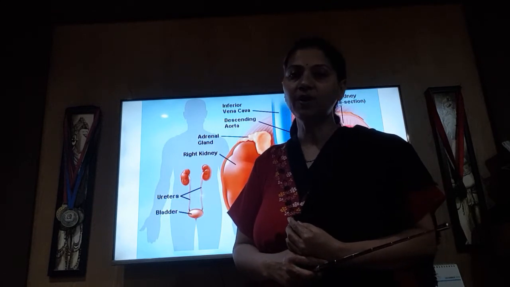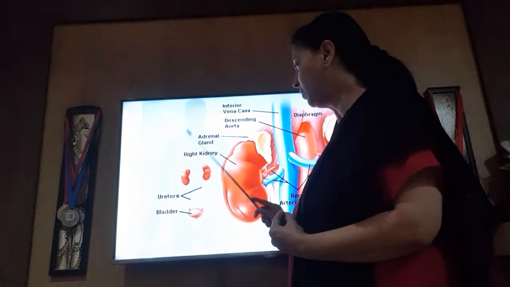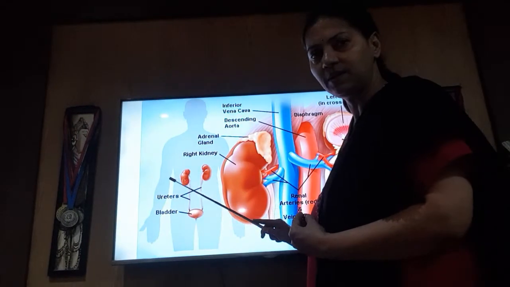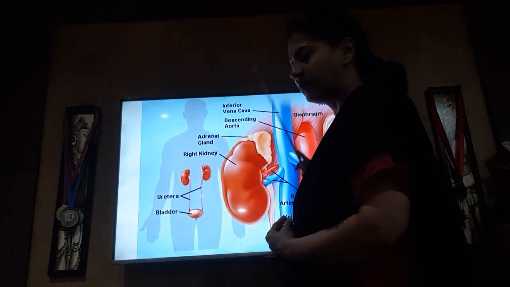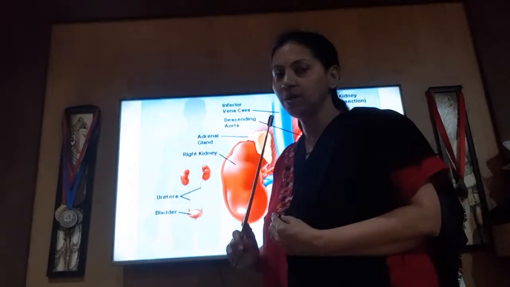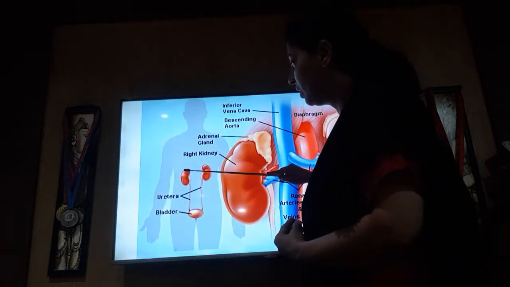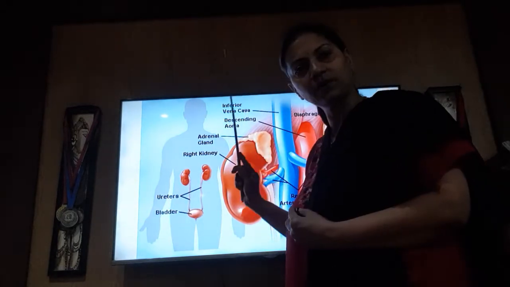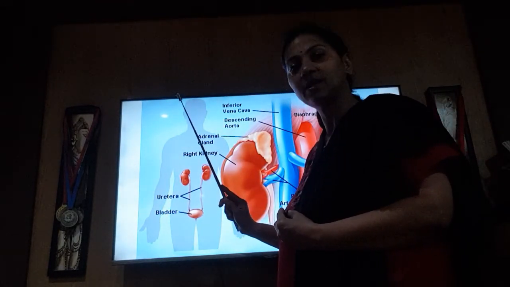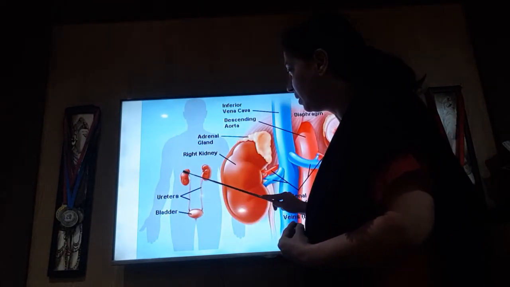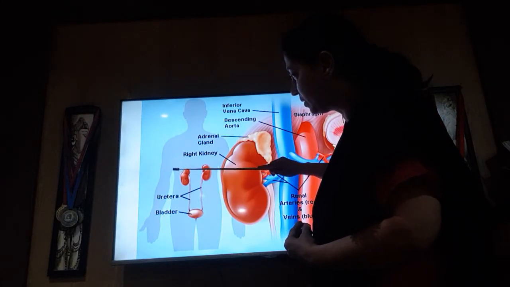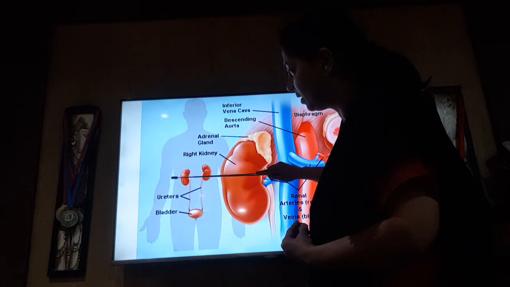And below the diaphragm, if you just think for a moment that this is the posterior surface, then it will make you learn it easily. The upper part of both is related to the diaphragm. So it has got a diaphragmatic impression.